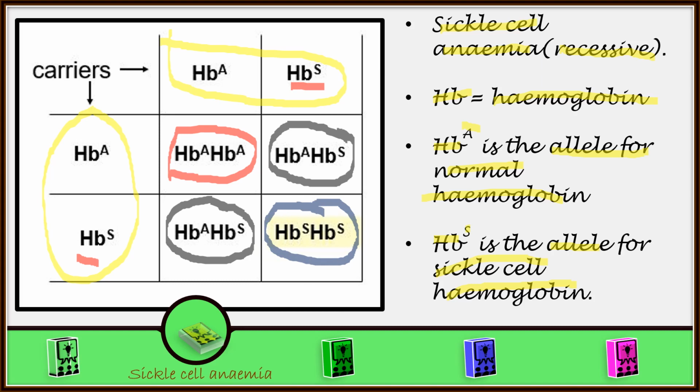So there is a possibility of them having 1 out of 4 being a normal child, the possibility of having 2 out of 4 being carriers, and there is a possibility of them having 1 out of 4 being a sickler.